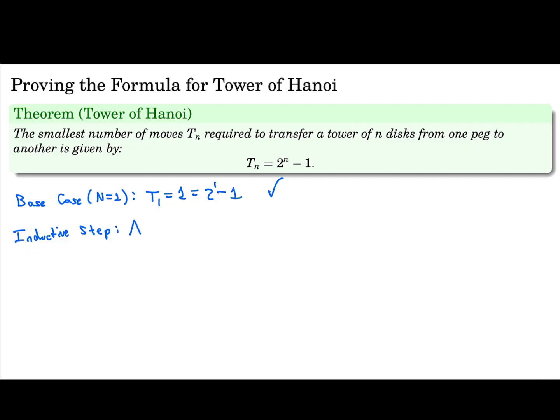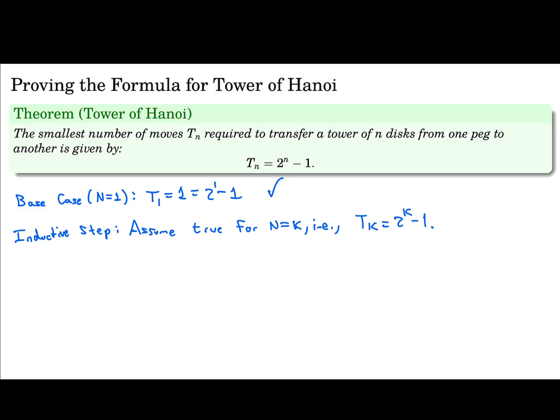So assume the formula is true for n equal to k. What does this mean? This means that Tk is equal to 2 to the k minus 1. And now we need to show that this will hold for n equal to k plus 1.